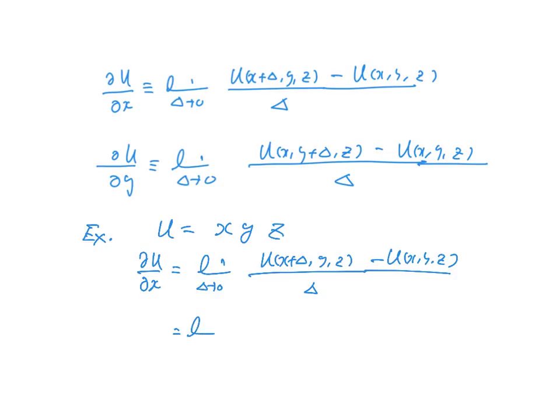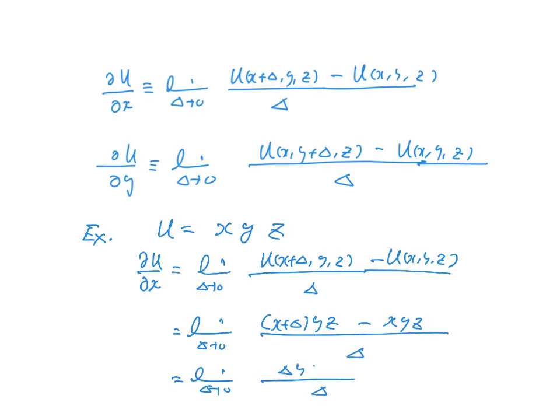So this is the limit of ((x plus delta)yz minus xyz) over delta, which is yz. Now you're familiar?